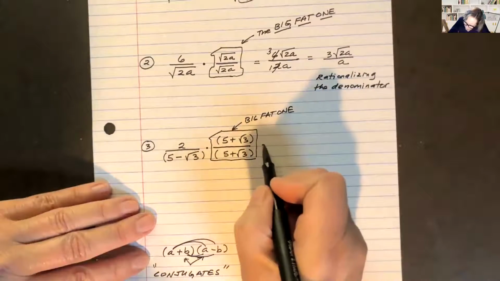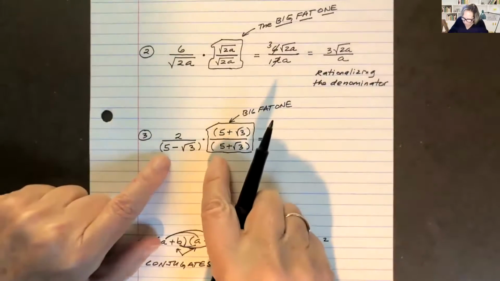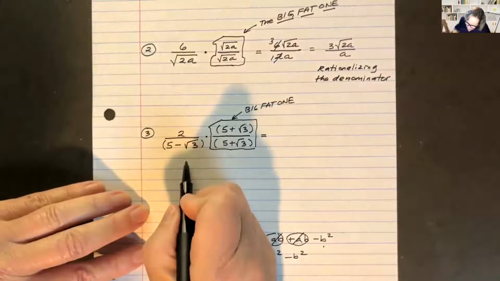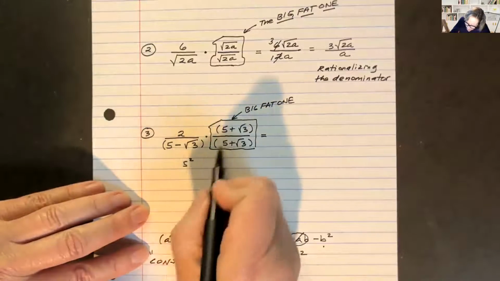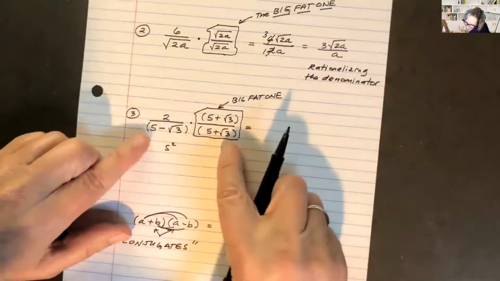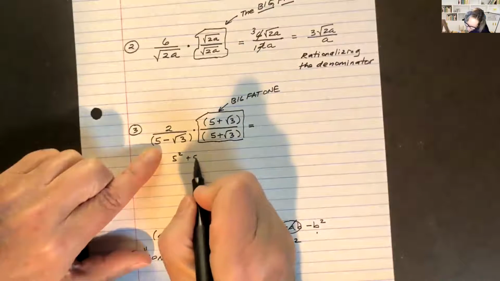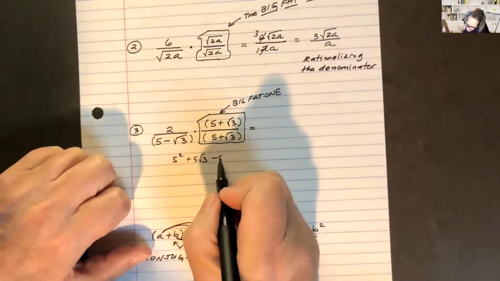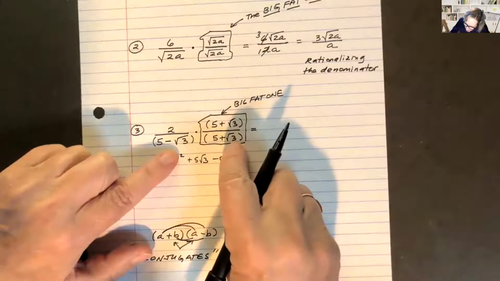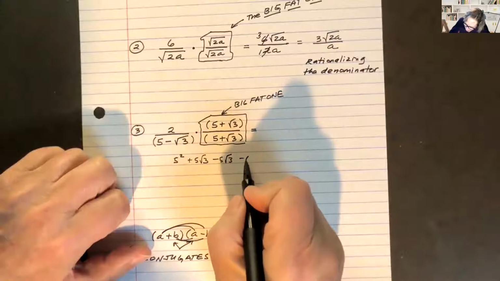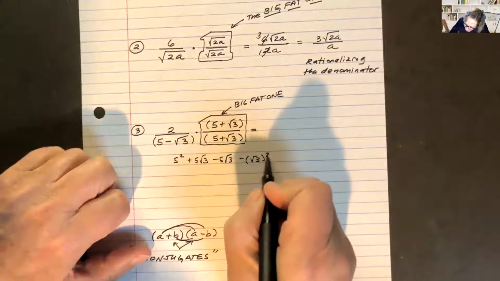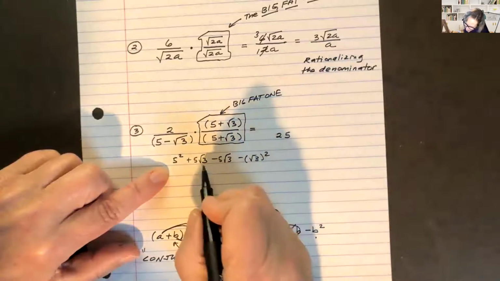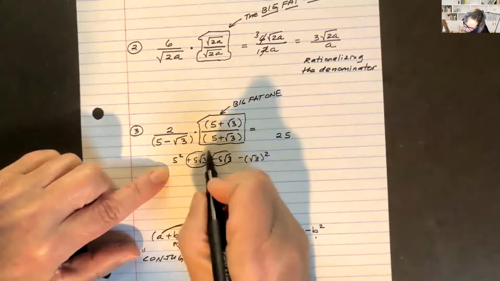Okay, and so what do we get? Well, I'm going to get 5 squared, and I know my middle terms are going to go away because I'm going to get 5 times 5, plus 5 root 3, minus 5 root 3, and then minus root 3 squared. So 5 squared is 25, and these two cancel each other out.